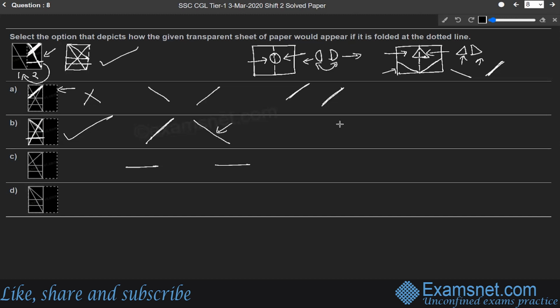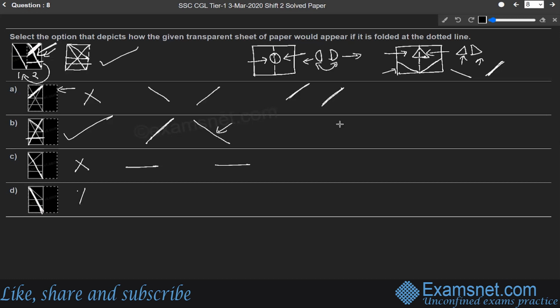In the other options, you can see that there is a single straight line present on the left hand side. But we require another line which is present on the right hand side. When we fold the piece of paper, it will also go to that paper. So this is wrong. In this figure also, there is a single large line segment. We can see that on the right hand side also there is a large line segment.